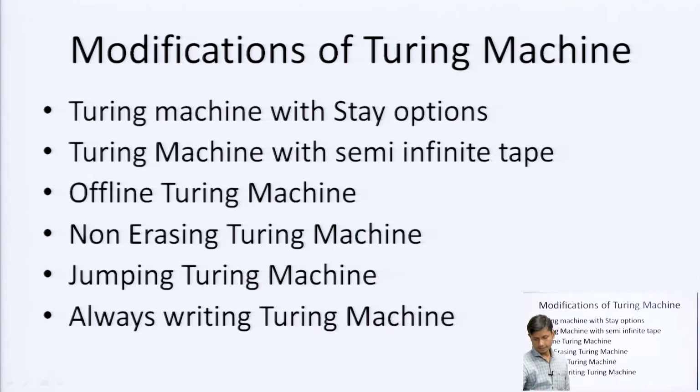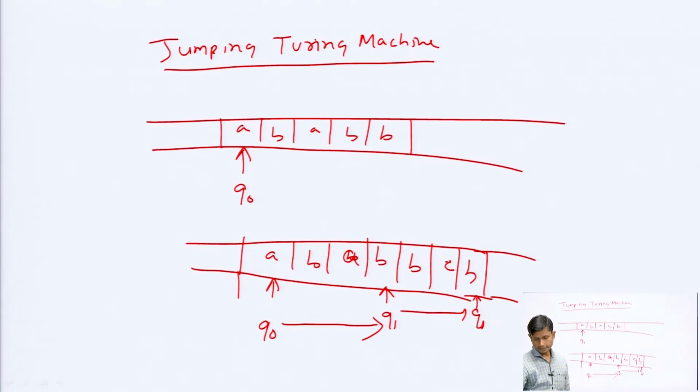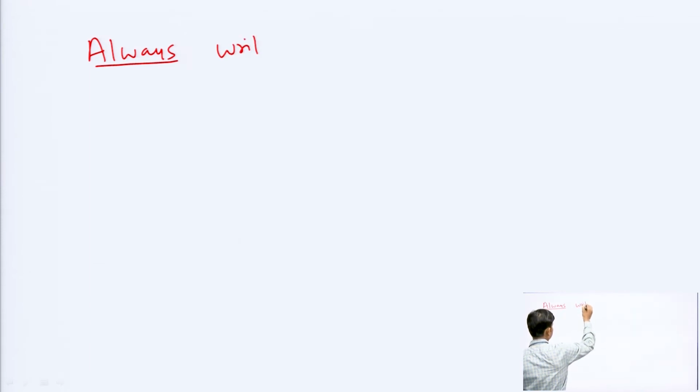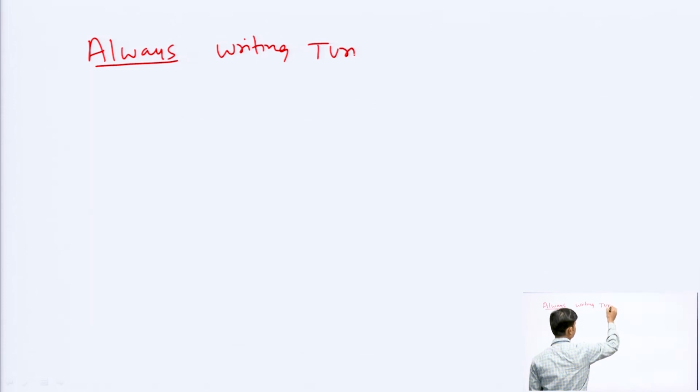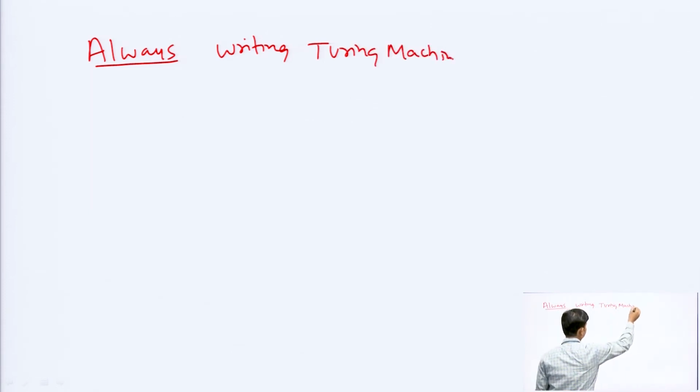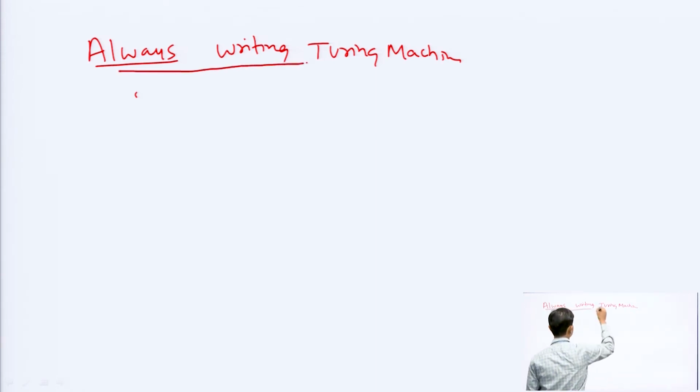Then next is the always writing Turing machine. So, a tape is given to you.